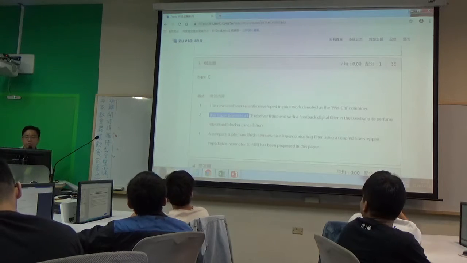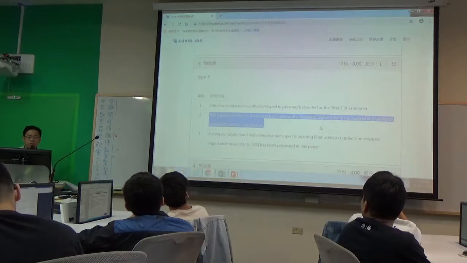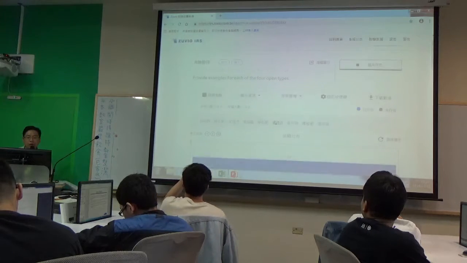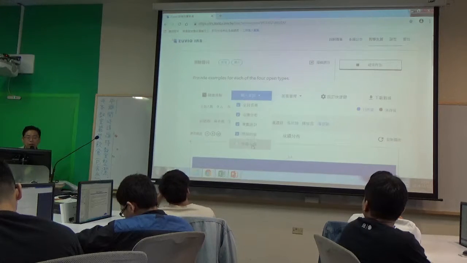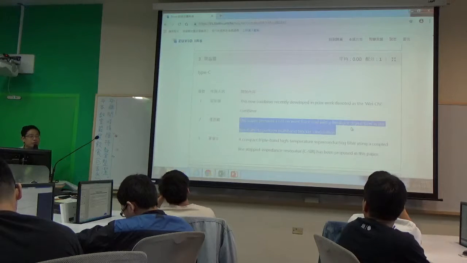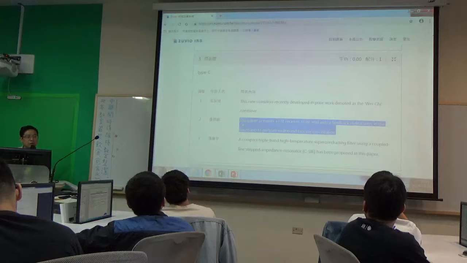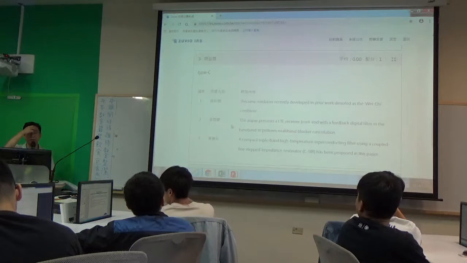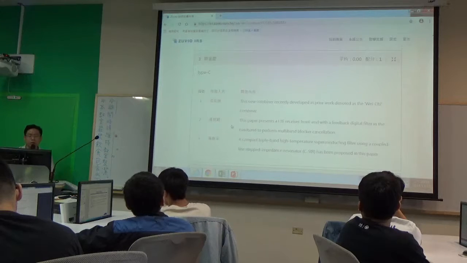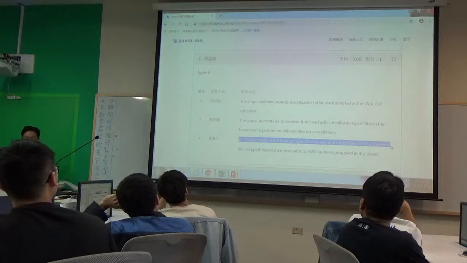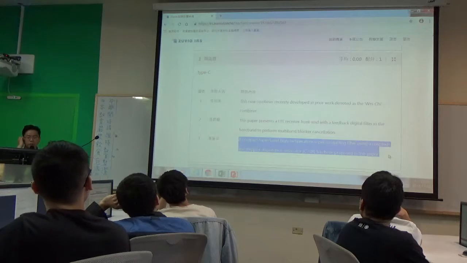This is a purpose. I think this is more like a purpose. Yeah, this looks more like purpose. I think more type B than type C, right? Using a method.